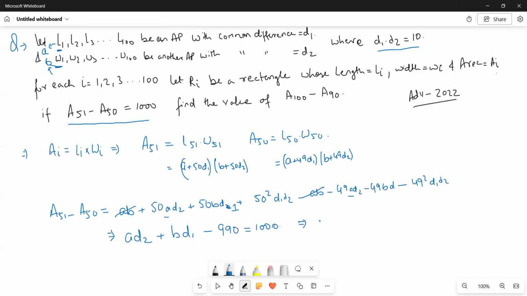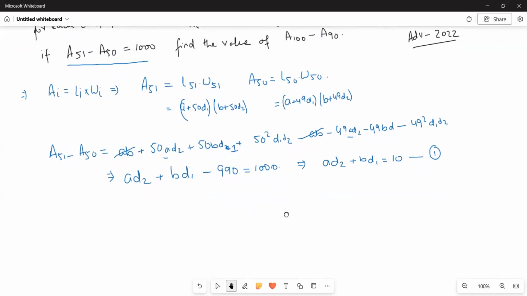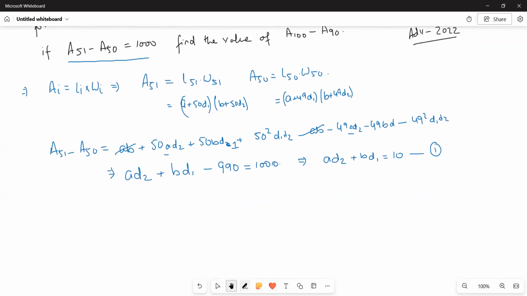So this tells us that a times D2 plus b times D1 is basically 10. This is our equation 1, the actual equation we need to solve the question. Now what do we need to find? A100 minus A90.